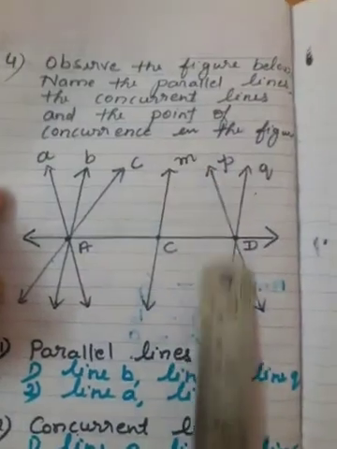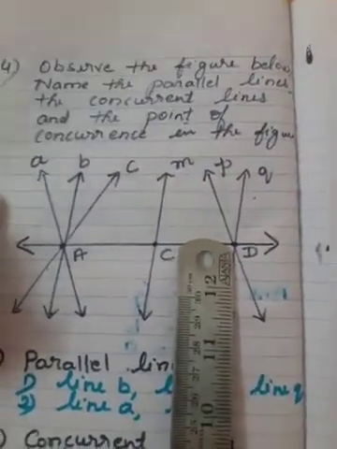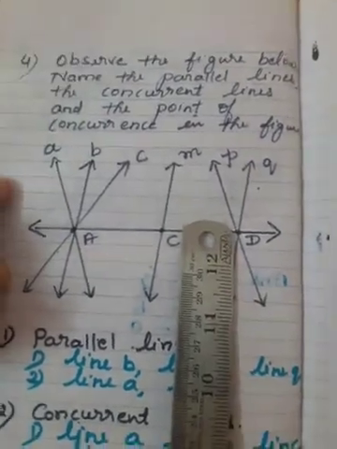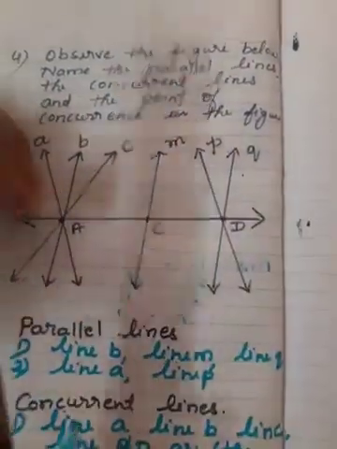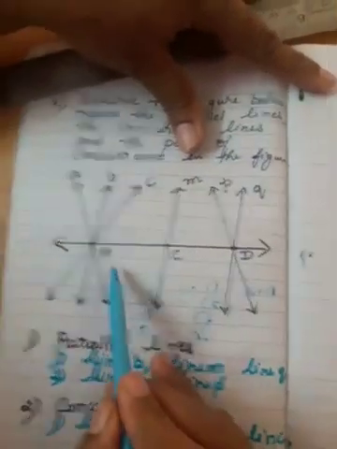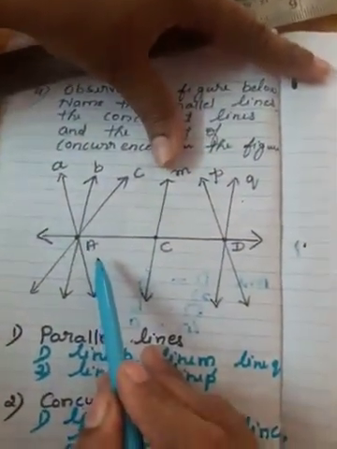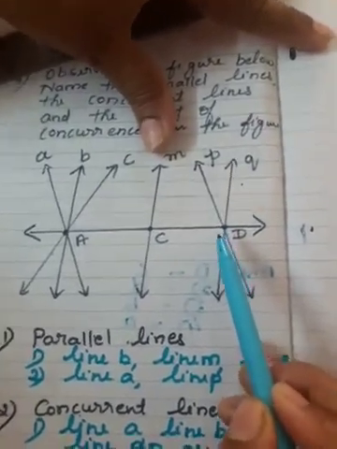Okay, these 3 lines intersect each other at one point, that is D. Correct? So therefore they are called concurrent lines. So which lines are concurrent here? Line P, line Q and line DA are the concurrent lines and their point of concurrence is point D.